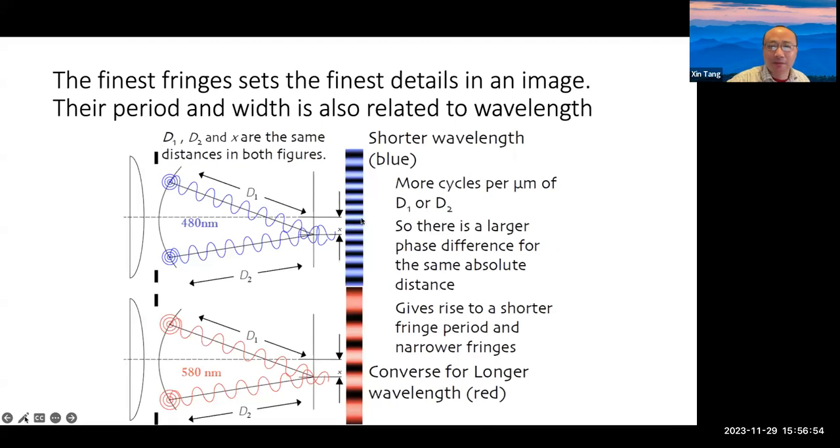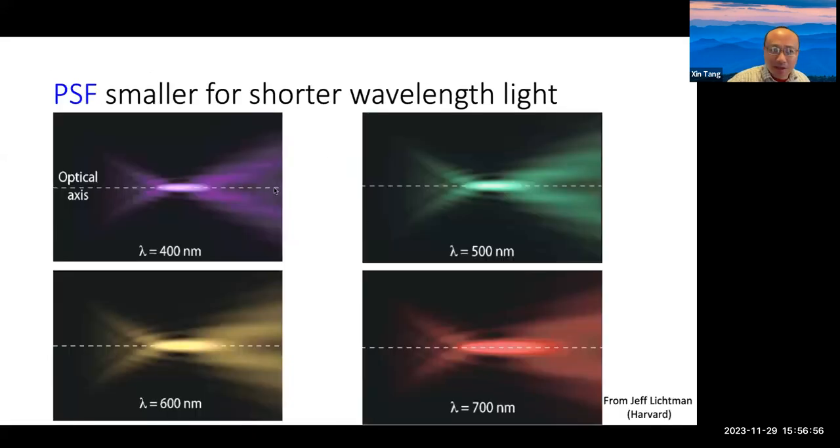That's better, okay? Here is a diagram showing different point spread functions generated in the same optics, but for different wavelengths of light. You will see this purple one is the best. If you go to longer wavelengths, the point spread function becomes larger. That will cause trouble for us, right?